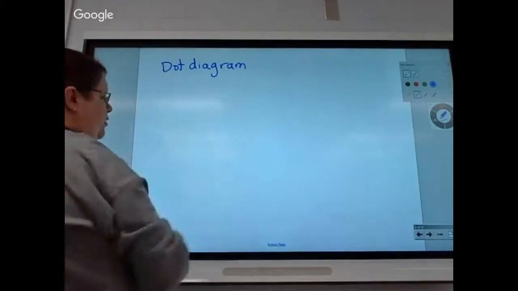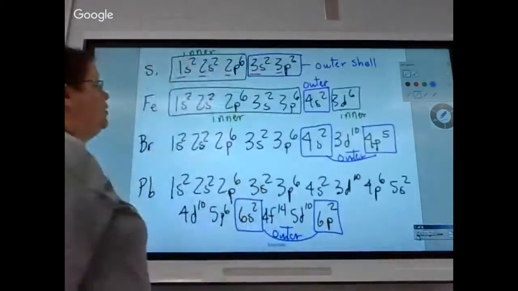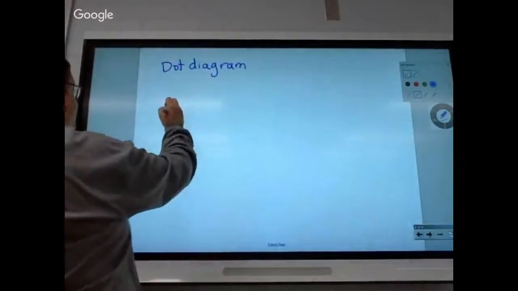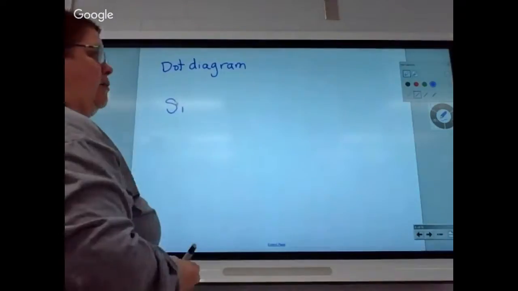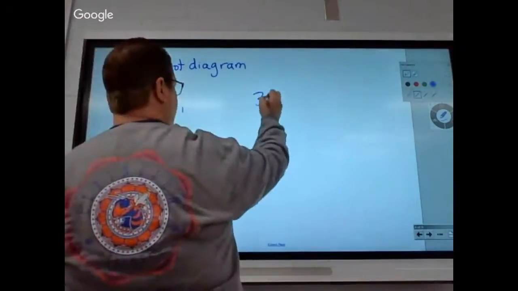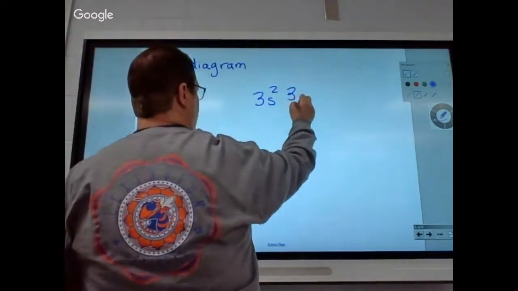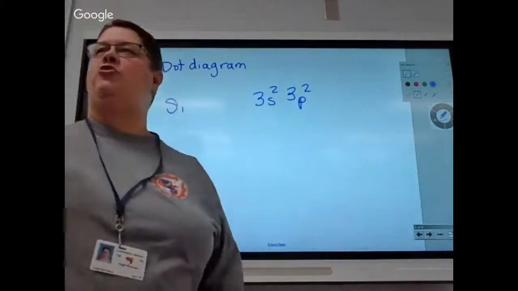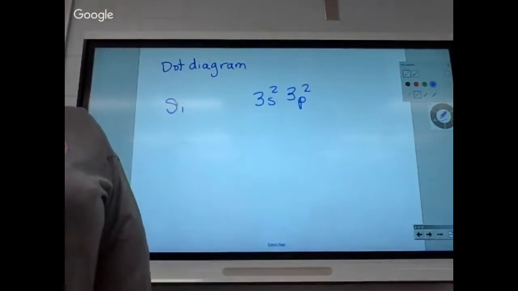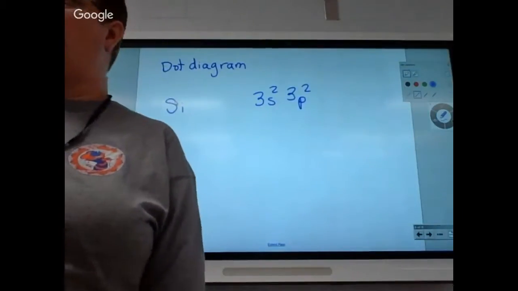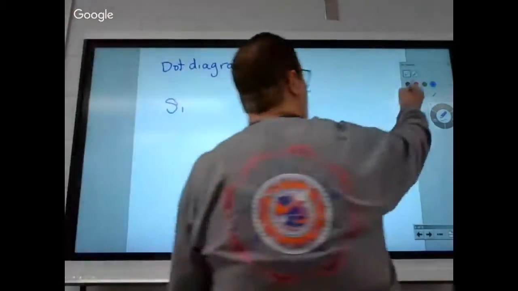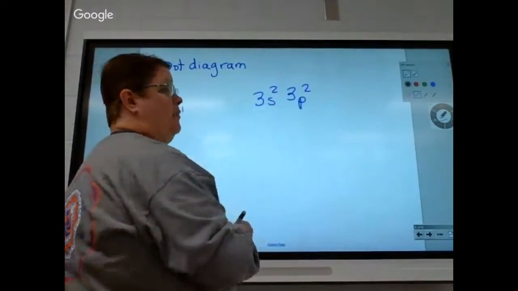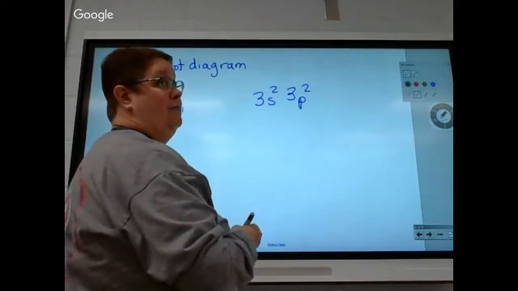So let's say we do the first one. The first element we're going to do is silicon. So Si. Now, its outer shell configuration said 3s2, 3p2. That's its outer shell. All we draw for dots are that. This is all the arrows we're drawing. So this is one reason you had to learn to draw the arrows. So 3s2 had how many lines above it when you drew this yesterday?